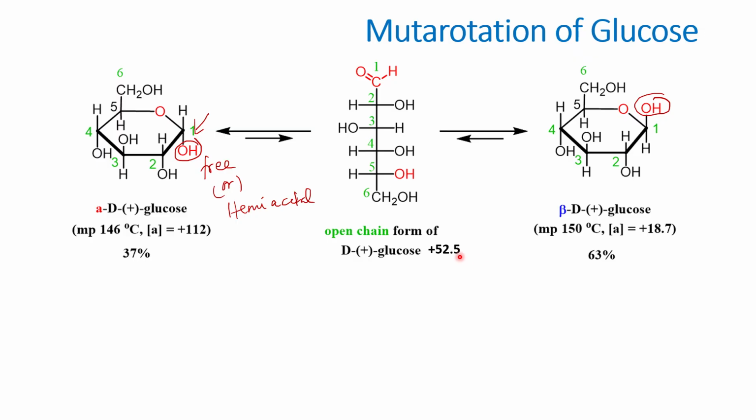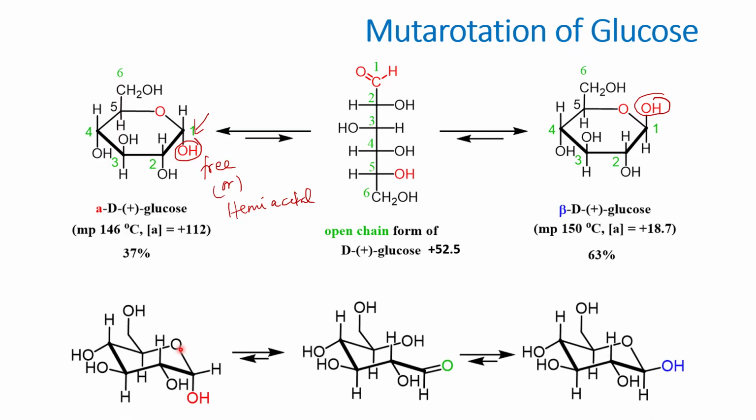So now the same thing is written in Haworth's representation, and this is the actual cyclic six-membered ring system. It is a cyclohexane kind of ring system. And in this ring system, you see the OH in alpha glucose is in the axial position.